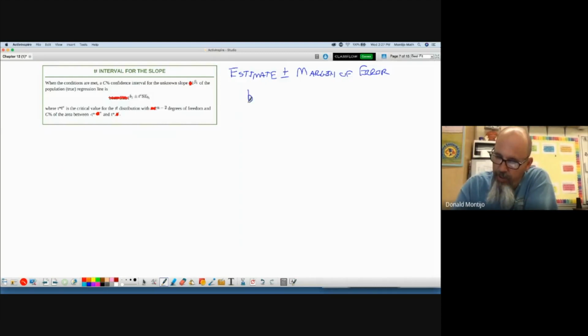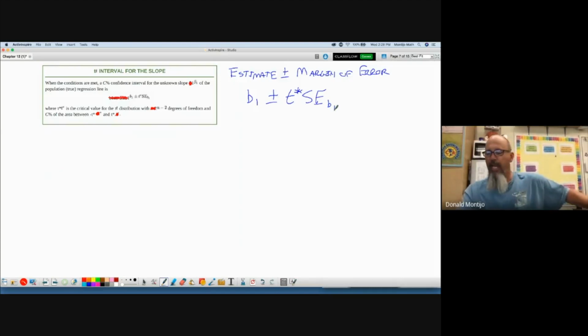I use B sub 1 as an estimator of beta sub 1. And this is going to be a t interval. So for regression inference, we use t times the standard error of B sub 1. No surprise there. We always have the standard error behind the star.